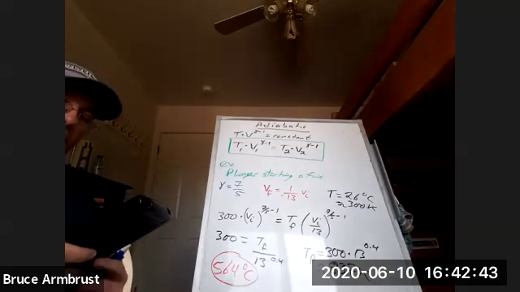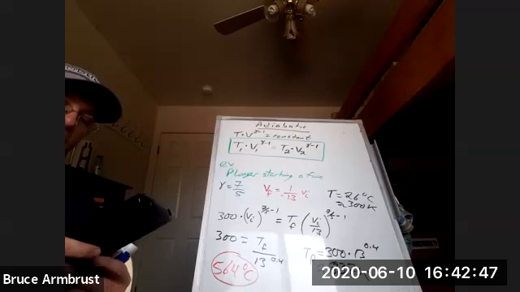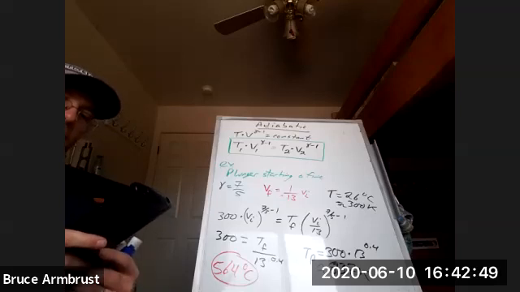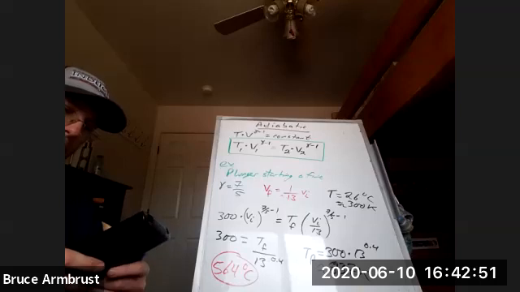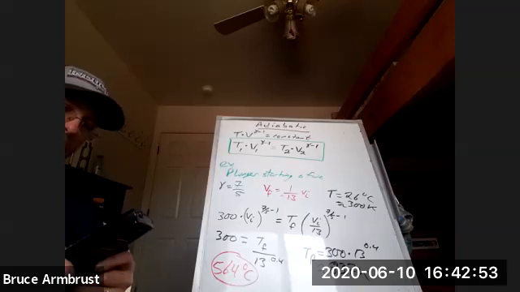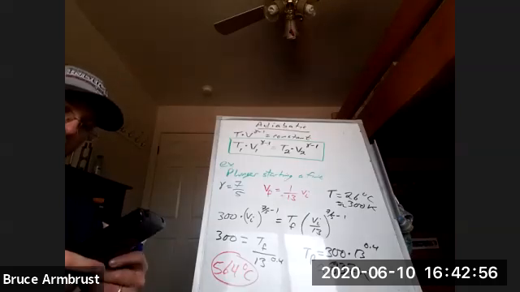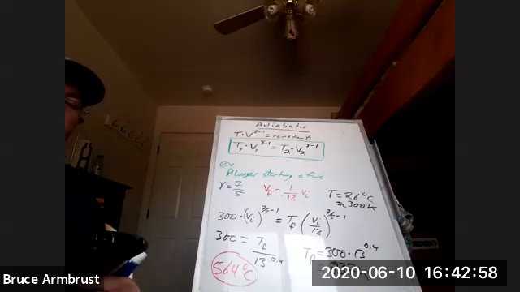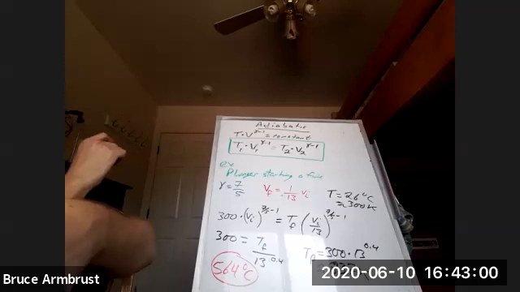So if we take 564 times 9 divided by 5 and then add 32, it's 1,047.